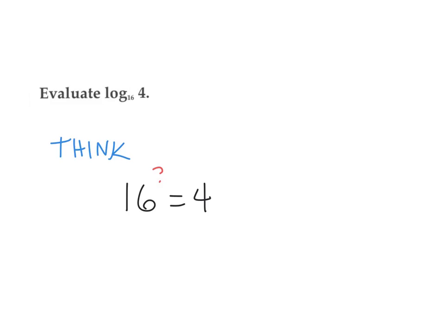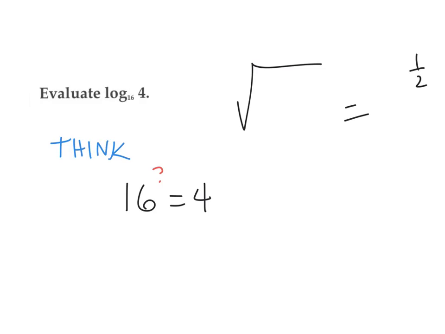The square root of 16 equals 4. Well, what is the square root as a rational exponent? If I wrote the square root as a power with a fraction, what would it be? The square root equals the 1/2 power.